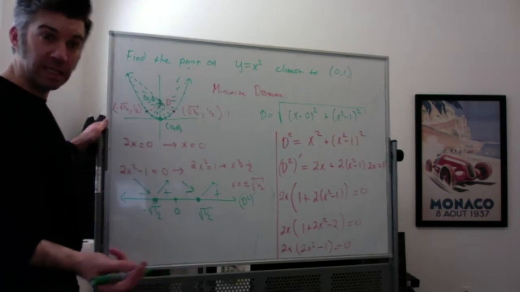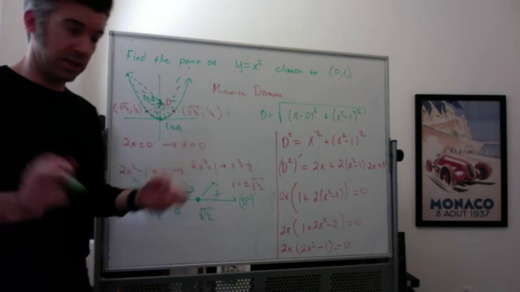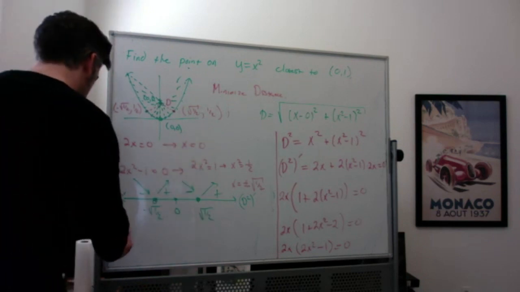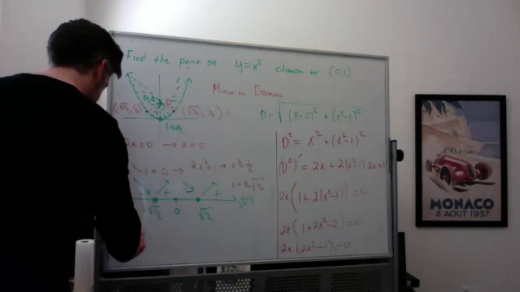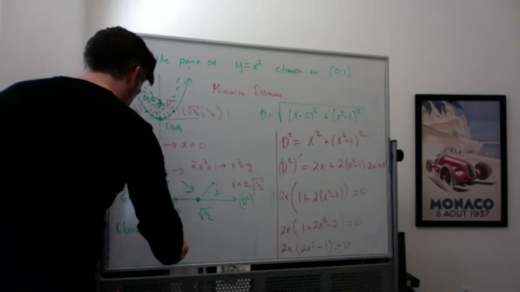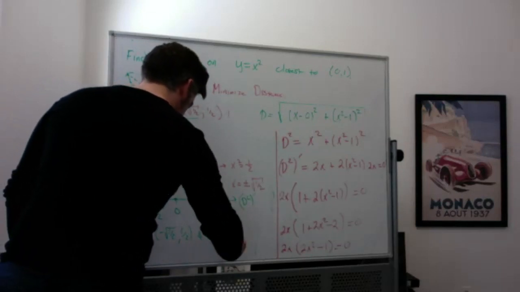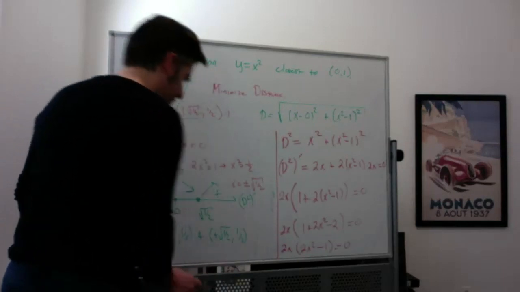So it's kind of a neat problem in that, oh yeah, there are 2 points that are closest. So my points that are closest are in fact the points negative root 1/2, comma 1/2, and positive root 1/2, comma 1/2.